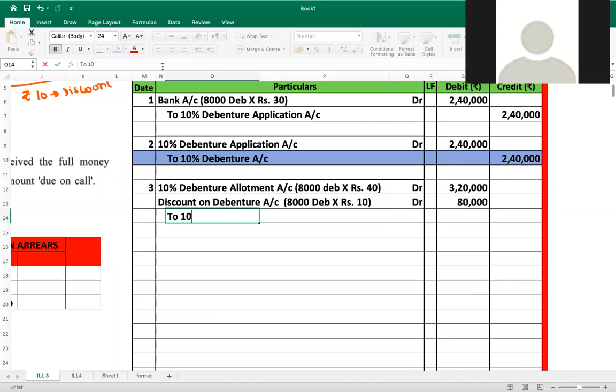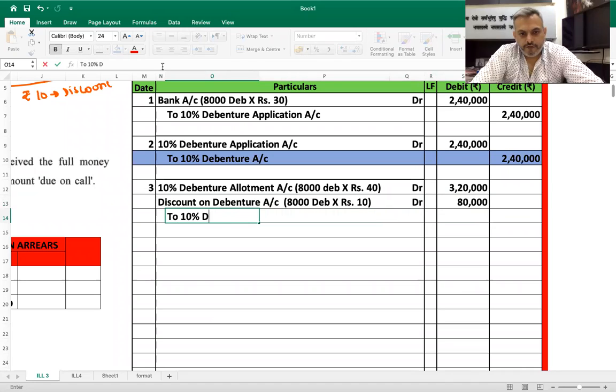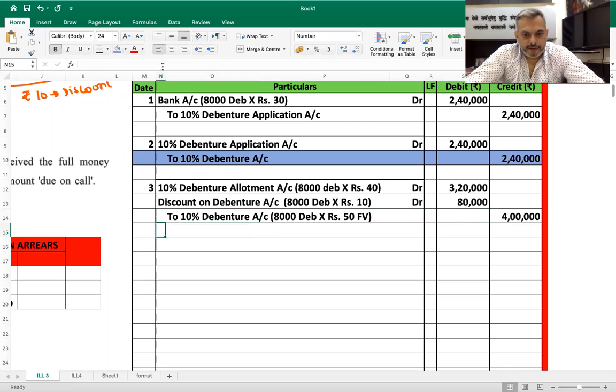To 10% debenture account. Now again 8,000 debenture into rupees 50, which is the face value. So I'm writing FV. So we know it is the face value. Debenture account will always be formed with the face value or credited with the face value. 4 lakh.